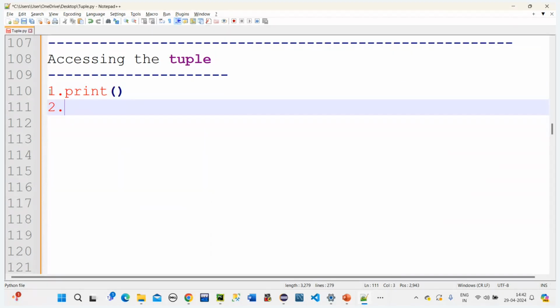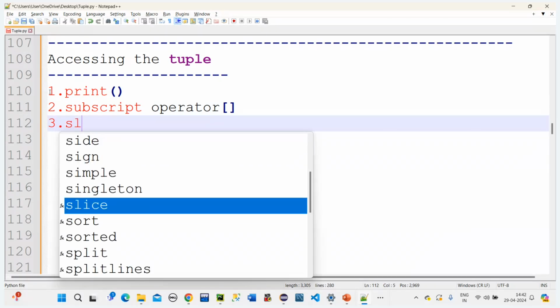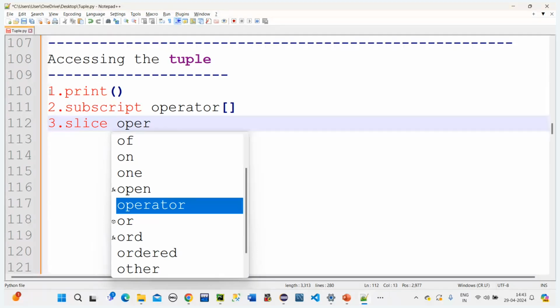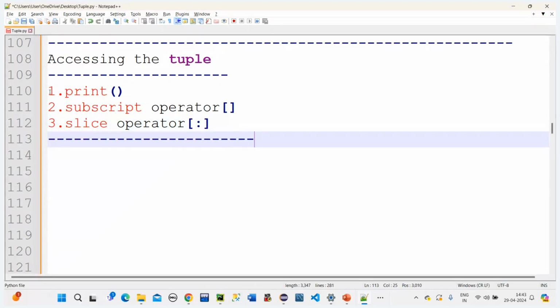The second one is the subscript operator. And the third one is the slice operator. So by these three ways we can access a tuple.